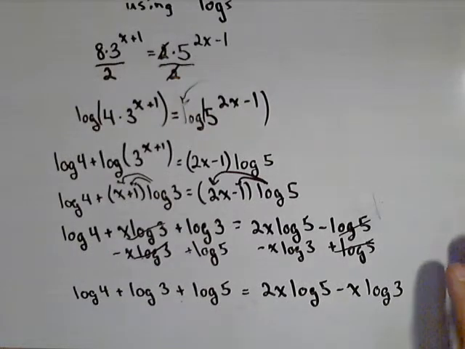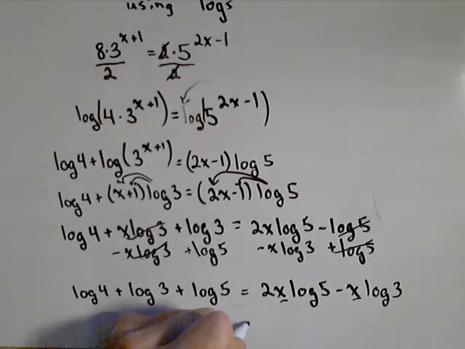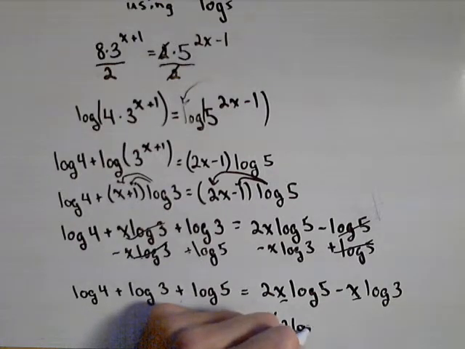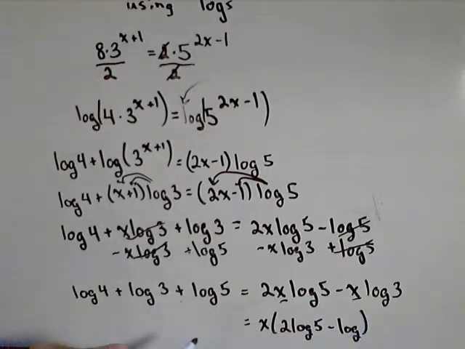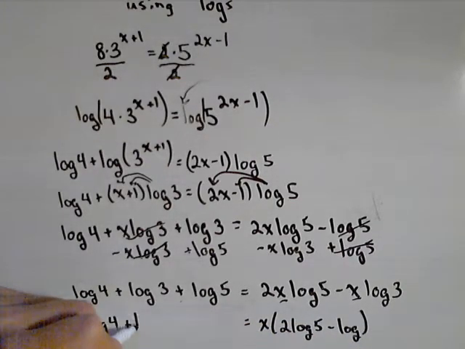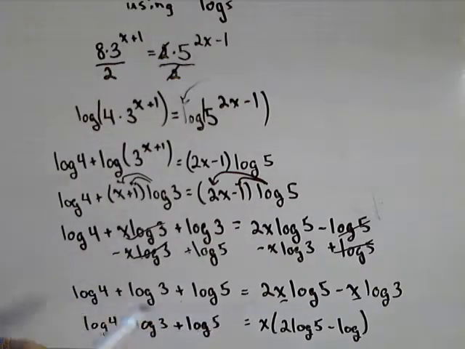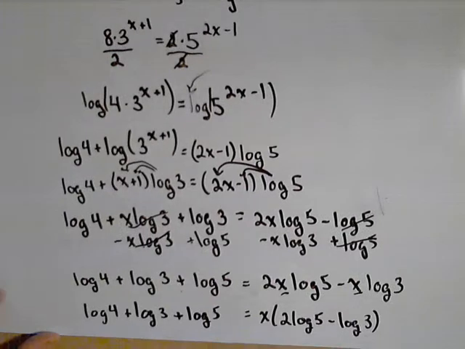Okay, now the whole reason I did that is because now on that right hand side I can factor an x out because I've got an x in each term. So this equals x times 2 log of 5 minus log of 3 equals our whole right hand side. Log 4 plus log 3 plus log 5. Oh, jeez. I forgot to write my 3. Okay.